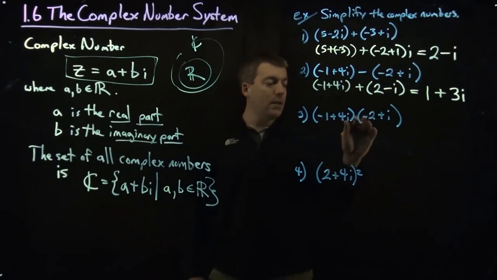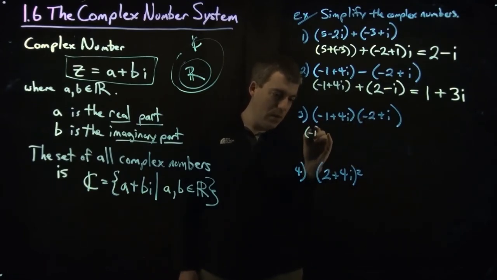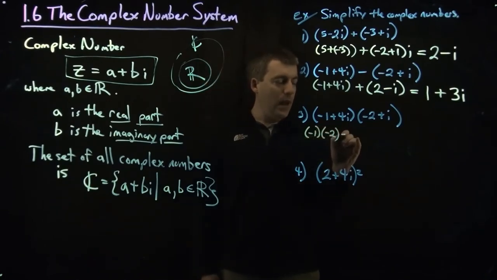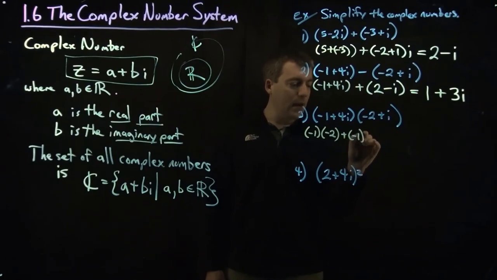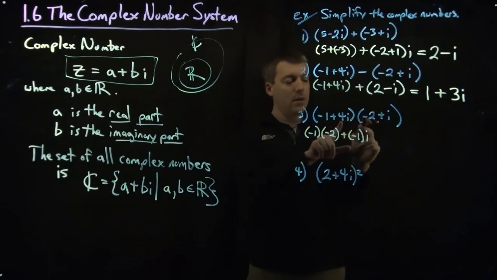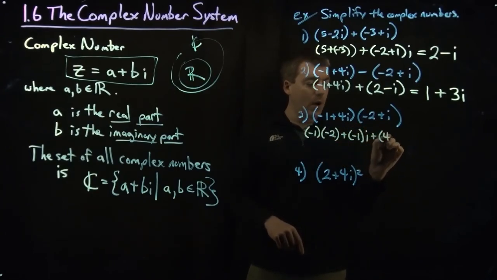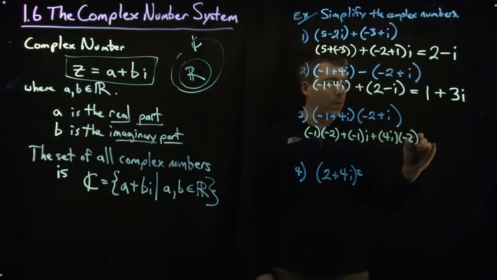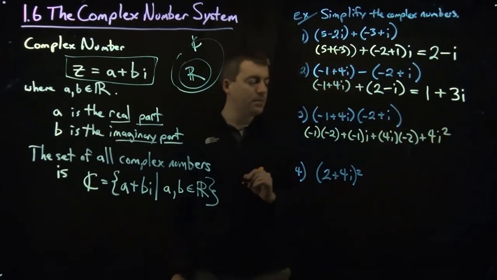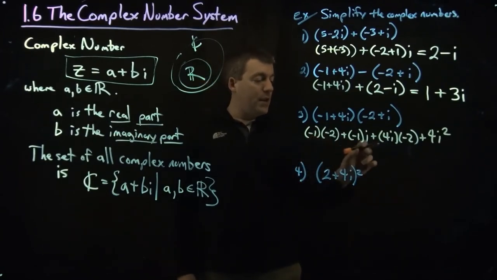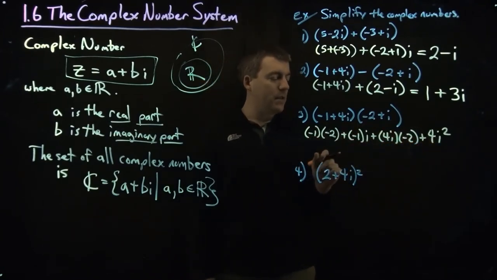So we have -1 times -2. And we'll add -1 times i. So that's first, outer. Inner, we'd have 4i times -2. And then last, 4i times i, 4i squared. All right, so first, outer, inner, last.